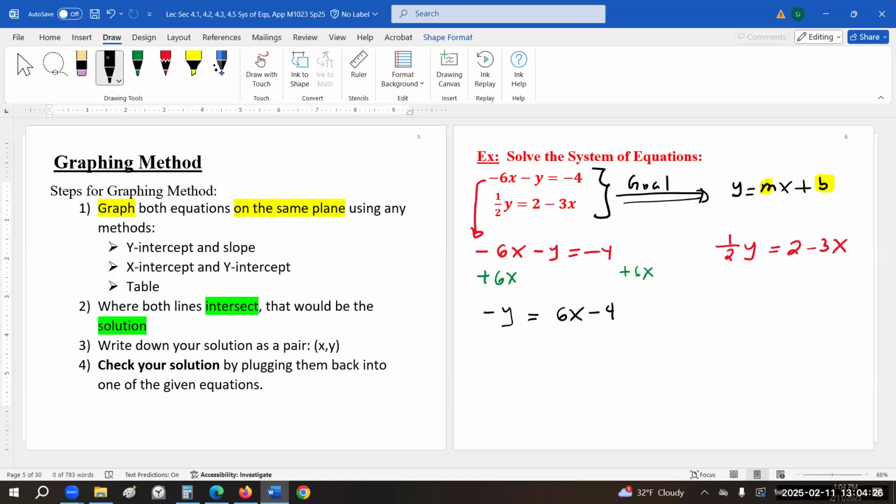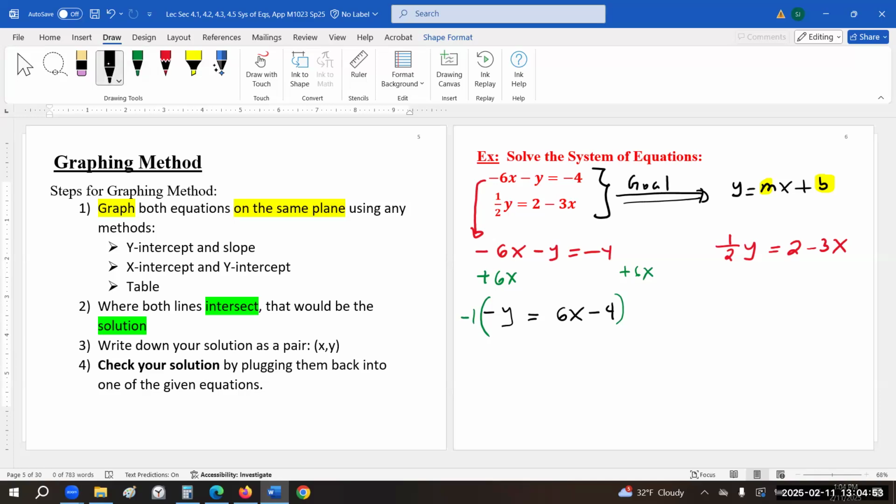Is our y alone yet? No. We have a problem with the negative, right? So what can we do to get rid of the negative? Adding y doesn't help us because we want to have y alone. So you either multiply or divide by a negative. So let's say I'm multiplying by -1.